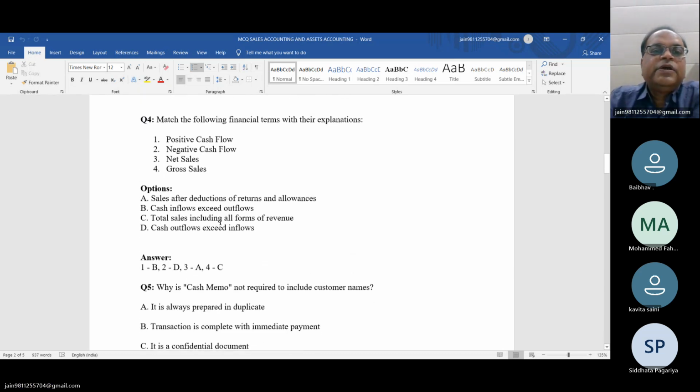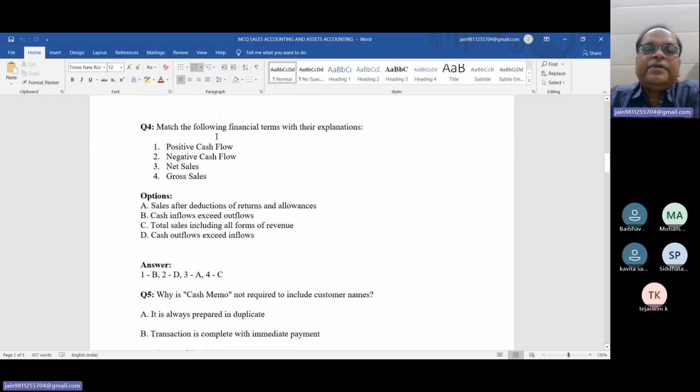Next. Match the following financial items with their explanations. Four financial items are given: positive cash, negative cash, net sales and gross sales. We have discussed all these concepts in the class. Positive cash flow means the inflow exceeds the outflow.